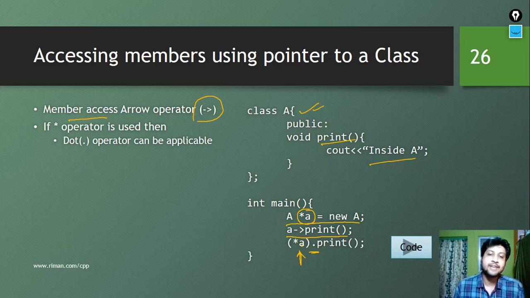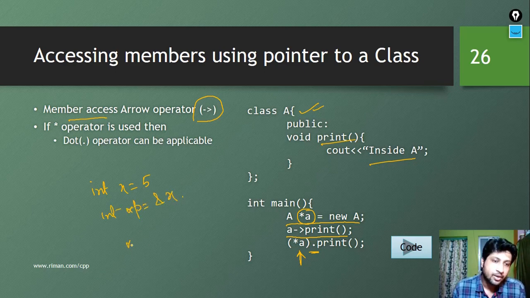As we know, if we have int x equal to 5 and int pointer p equal to ampersand of x, then pointer p is equivalent to x. That means whatever changes we make through pointer p will be reflected on x. So a similar thing is happening here.